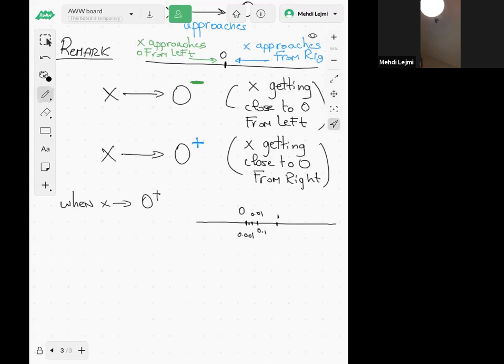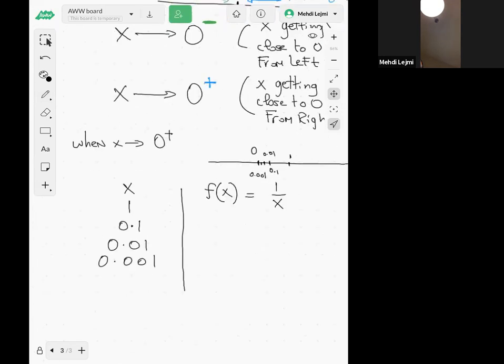Okay, and let's see what happens to the values of f of x. So here's my x, here's my f of x, which is 1 over x. So let's say x is 1, and then x is 0.1, and then x is 0.01, x is 0.001. So you see, guys, the values of x are 1, 0.1, 0.01, 0.001, etc. So you are getting very close.